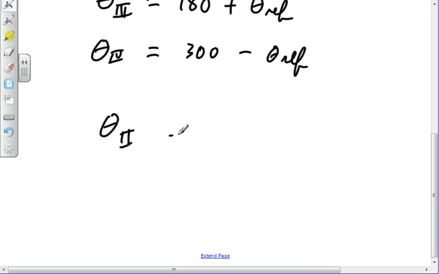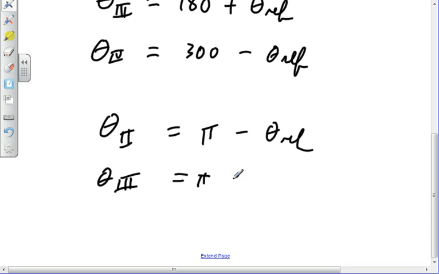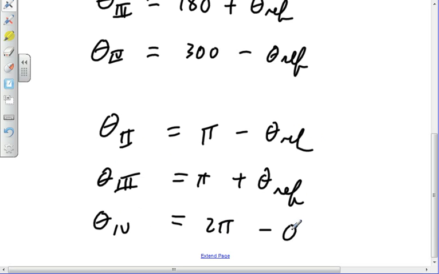So in the second quadrant, I'm pi minus the reference angle. In the third quadrant, I'm pi plus the reference angle. And in the fourth quadrant, I'm 2 pi minus the reference angle, if in fact we're doing this in radians. We could be doing it in radians, we could be doing it in something else.